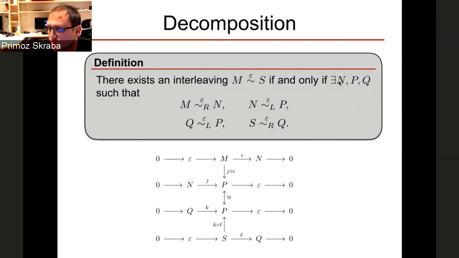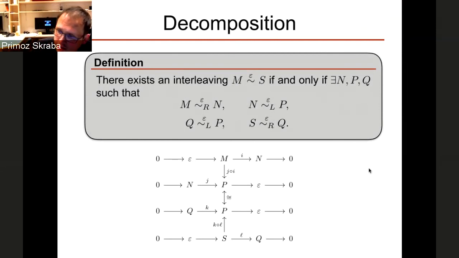We were able to prove, and this should say theorem, that an interleaving exists if and only if there exist three modules, basically decomposing it into right and left interleavings. One direction follows directly from Bauer and Lesnick. The other direction requires this type of diagram and arguing on it.